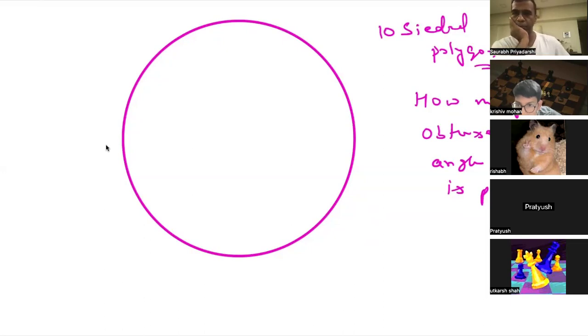Question is clear now. The question could be in two forms, one with an odd number of sides, one with an even number of sides.